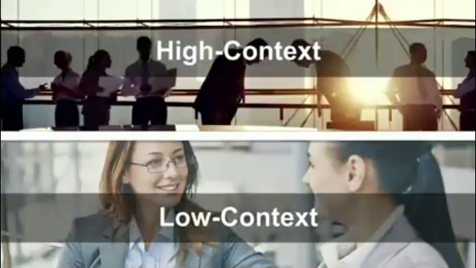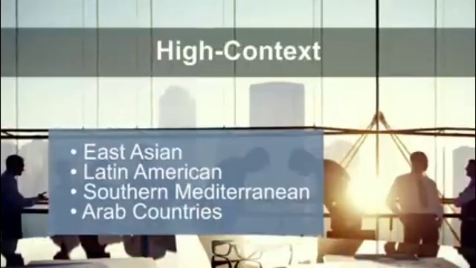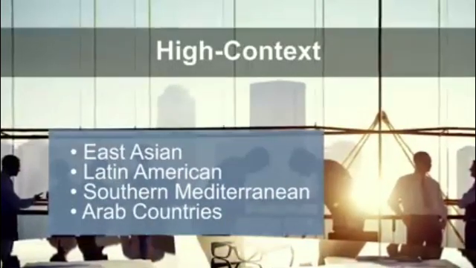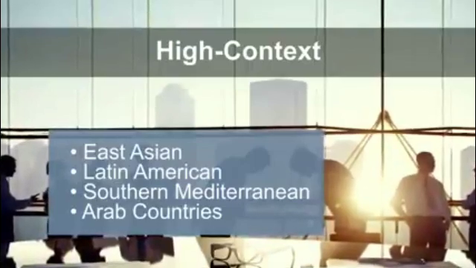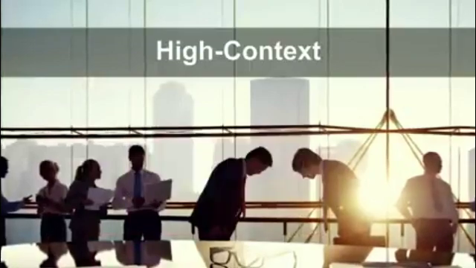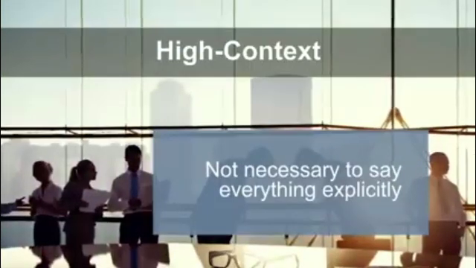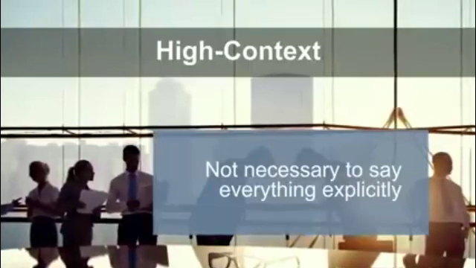Cultures can be separated into two groups with regard to communication. High context cultures such as East Asian, Latin American, Southern Mediterranean, and Arab countries were commonly homogeneous, sharing a history of common values and assumptions. When people of high context cultures communicate, it is not necessary for them to say everything explicitly.